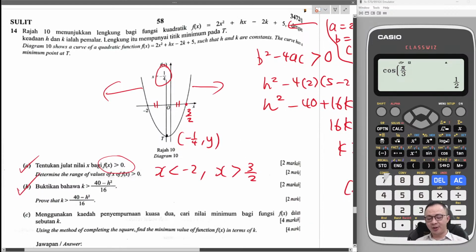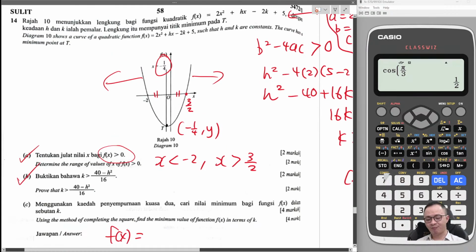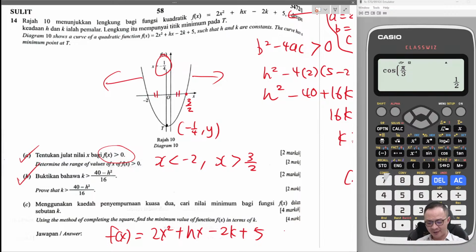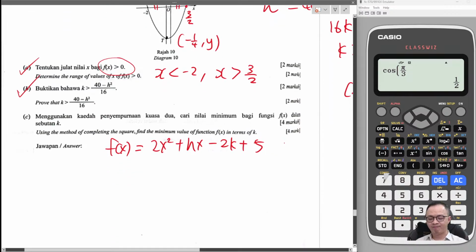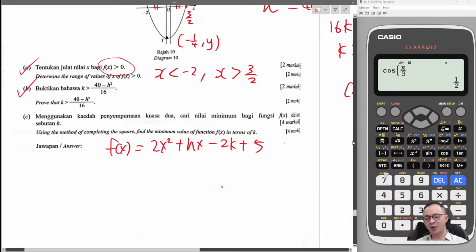Alright, let's do it. Okay, interesting. 2x squared plus hx minus 2k plus 5. In terms of k means we already have the, yeah, okay. We solve the h first, okay? I believe we need to solve the h because they say in terms of k, right? They don't say in terms of h, right? So we know the axis of symmetry.